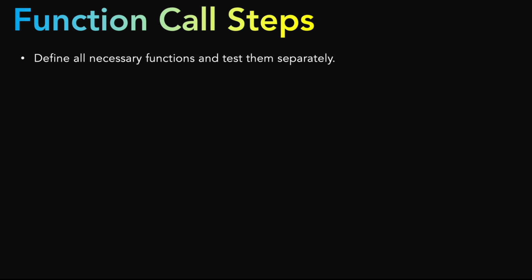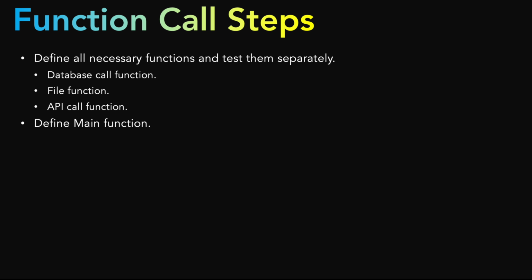I'll not perform regressive testing. If you are creating a GenAI application for your production environment, definitely you should test it. So this is the first step, that we'll have to define all the necessary functions and test them. For example, database call function, file function, third-party API call function, etc. So all these have to be defined separately. So this is the first step that we do.